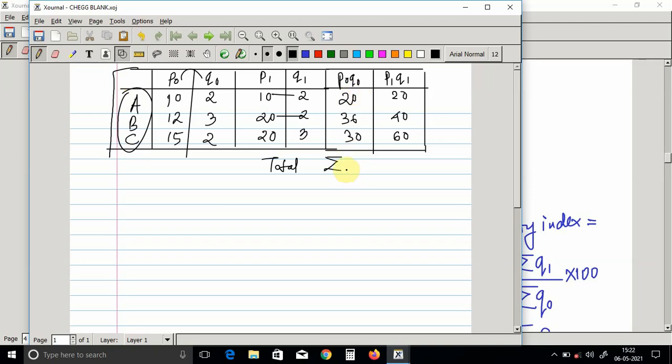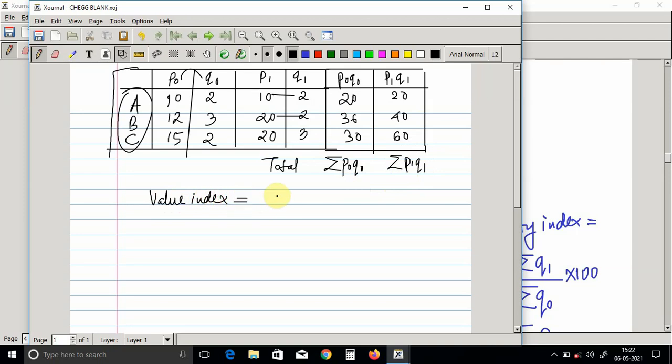Okay, so 20 plus 36 plus 30 is 86. So this is P naught Q naught, and we know the amount 86. So let's not worry about ये कितना sum हो रहा है, और ये कितना है P1 Q1. So this is the value in current year and this is the value in base year. So what will be your value index?